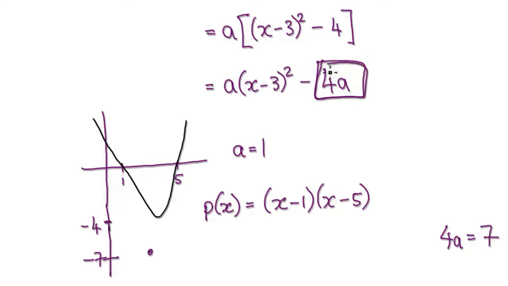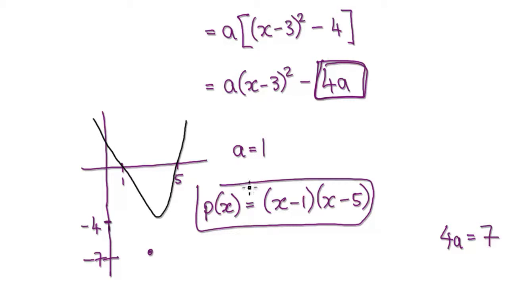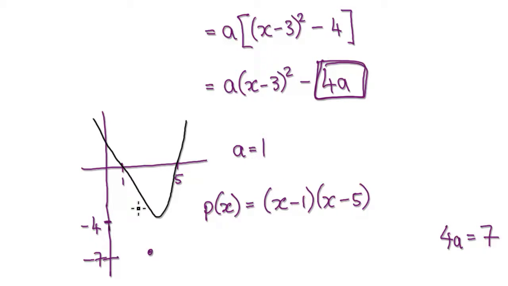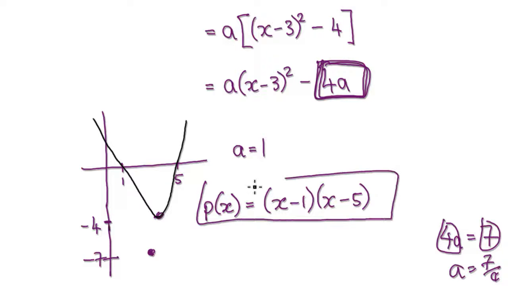You're trying to make this to be 7, in which case a will be 7/4. That would be if you want the vertex to be at -7, but the question says it wants it at -4, so this would be your final answer.